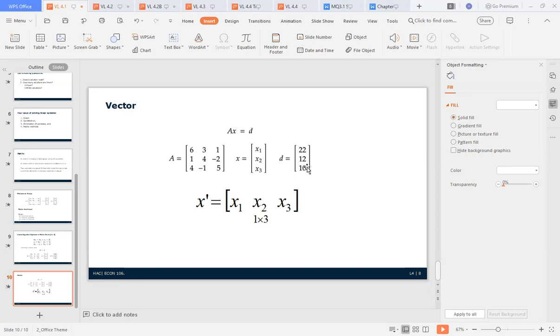A column vector has only 1 column. With that idea, you have a row vector here, usually denoted by a prime symbol. There's only 1 row, and the dimension for this one is 1 by 3. Regardless of how many columns there are, a row vector has only one row. Okay. All right.